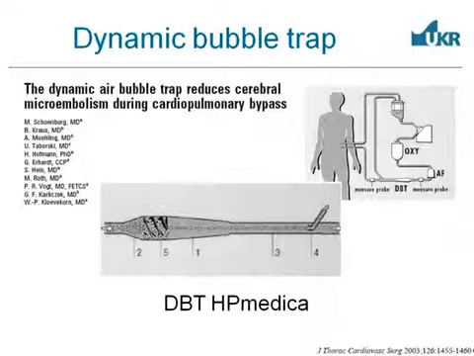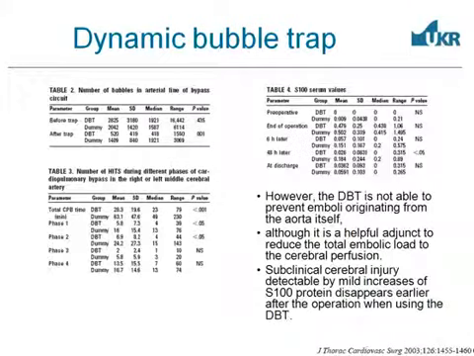And here is another German paper from the Nauheim group where you see how it works again. Here are the bubbles which are collected in the midstream and then removed. Their data also show it to be quite effective. The numbers after the trap are considerably lowered, and also the hits are somewhat lower.